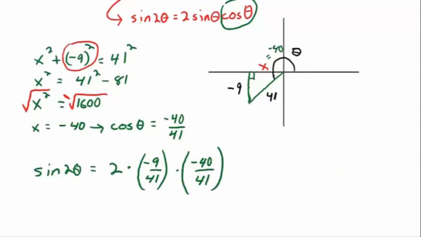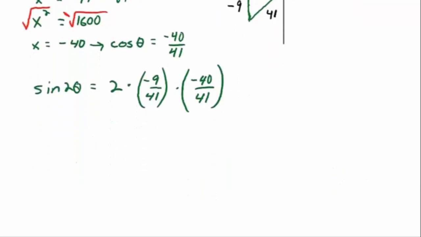And if you just run this through your calculator, you'll get 720 on top, 2 times negative 9 times negative 40, divided by 41 squared, which is 1681.